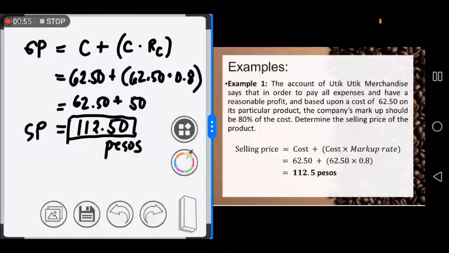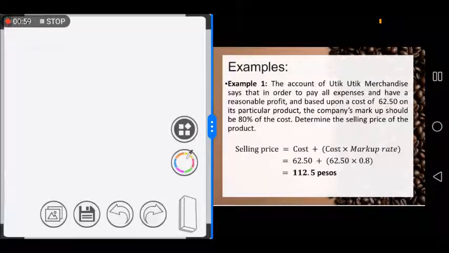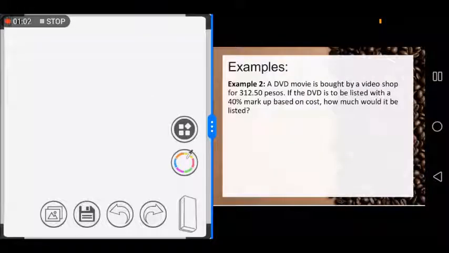Okay. Next, let us have another example. For number 2, a DVD movie is bought by a video shop for 312.50 pesos. If the DVD is to be listed with a 40% markup, based on cost, how much would it be listed?